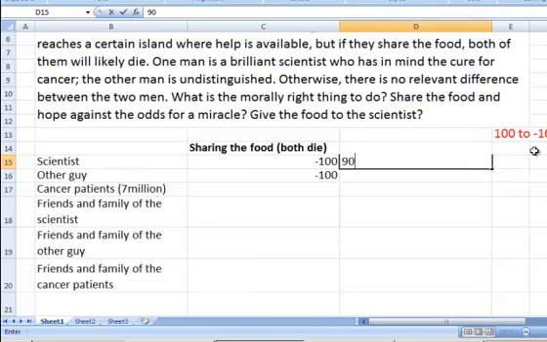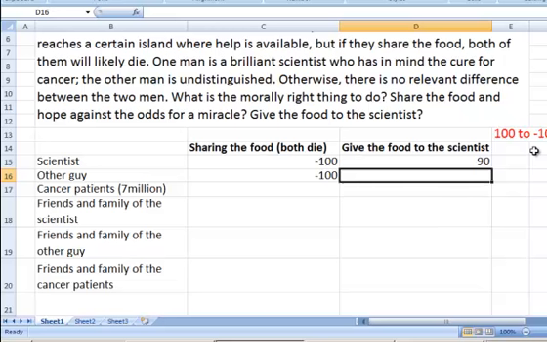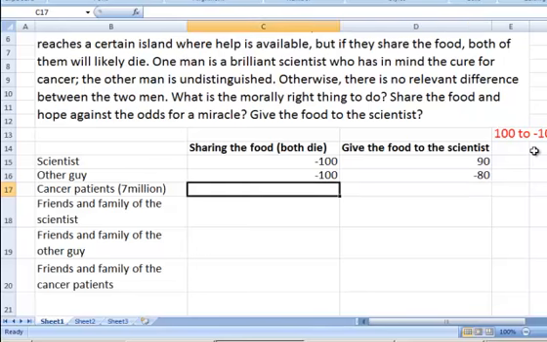Maybe that's not the greatest thing that will ever happen to him in his life, but it's certainly got to be up there. So we'll give him a pretty high happiness value. Now the other guy, if we give the food to the scientist, he's going to die. Maybe he realizes he's going to die for a good cause, so we'll give him maybe not the maximum amount of unhappiness, but obviously he's going to be pretty unhappy about dying, so we'll give him a negative 80.